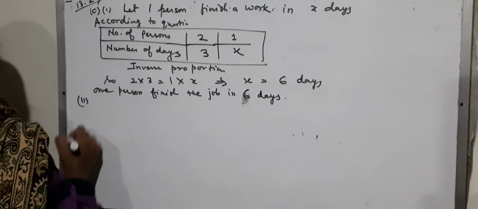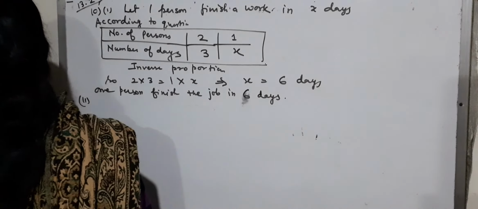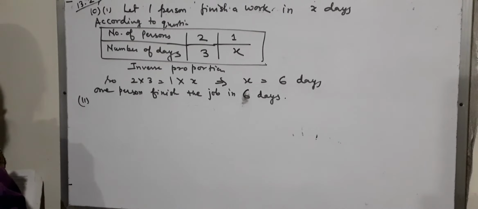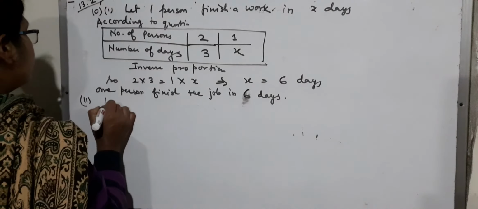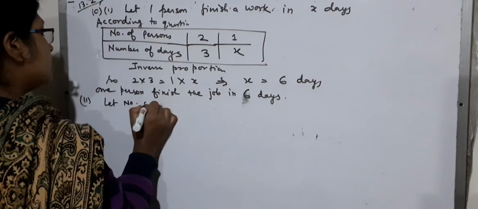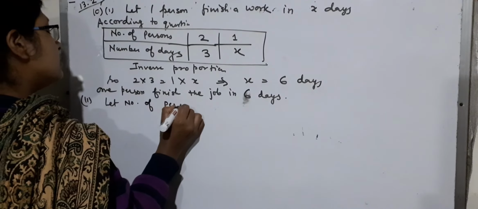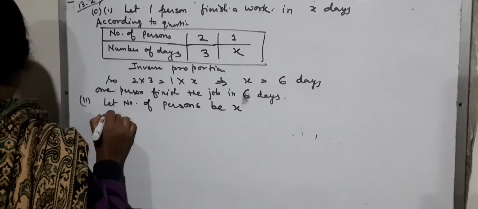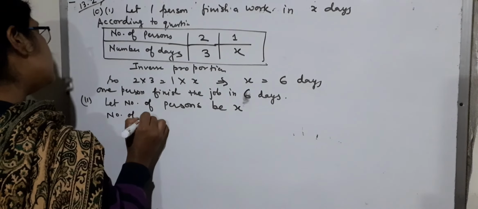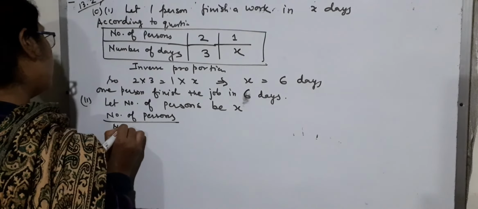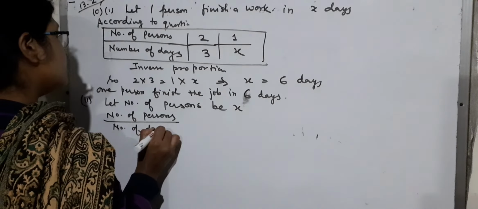Second, how many persons would be needed to fit the windows in 1 day? Let number of persons be X. Then number of persons upon number of days.